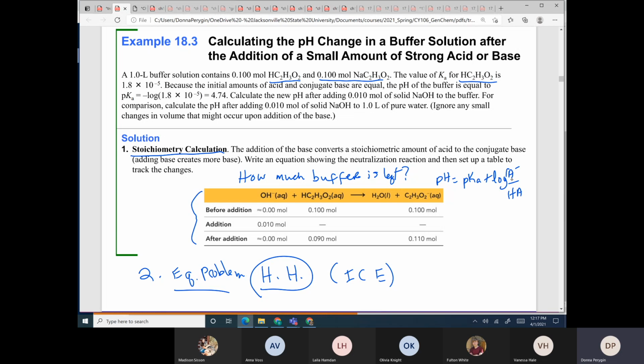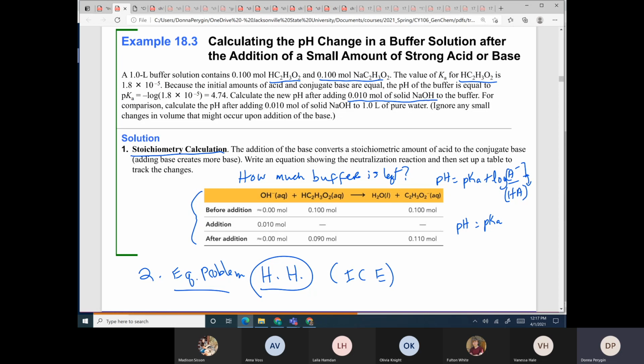Okay, so if the A minus and the HA are equal, we get a log of 1, which is 0. So when these concentrations are equal, the pH is equal to the pKa, which is 4.74. Calculate the new pH after adding 0.010 moles of solid sodium hydroxide to the buffer.